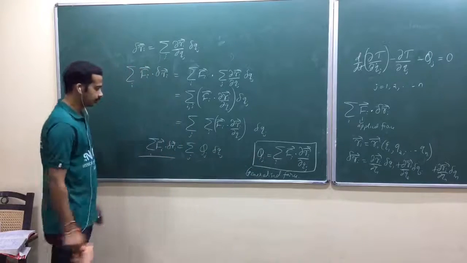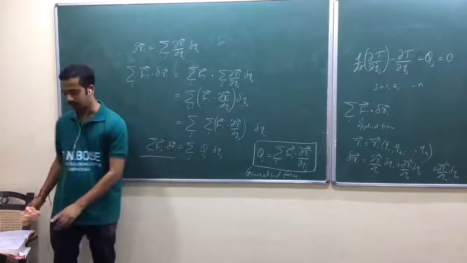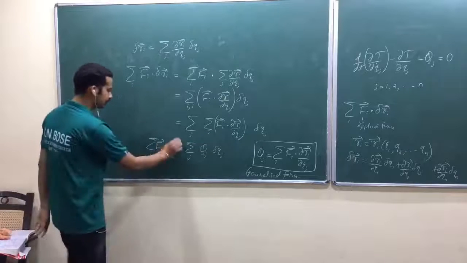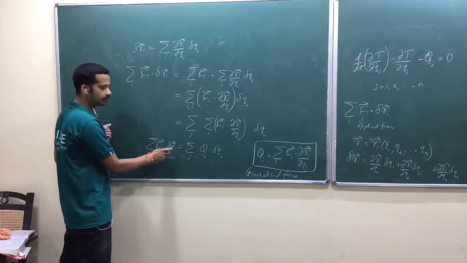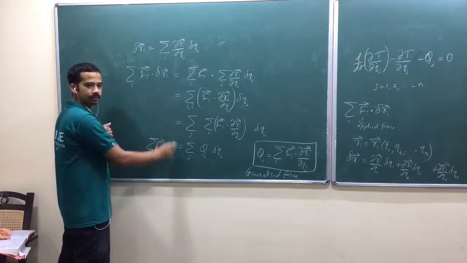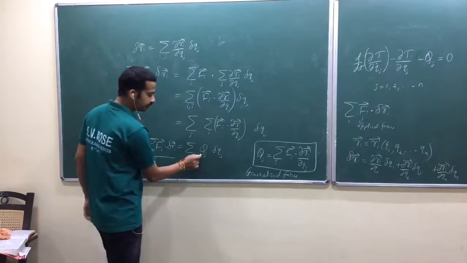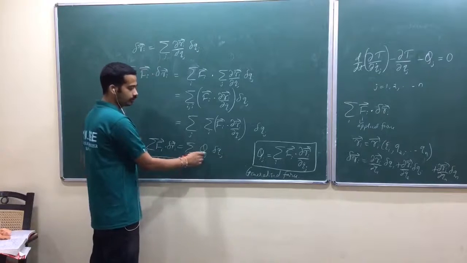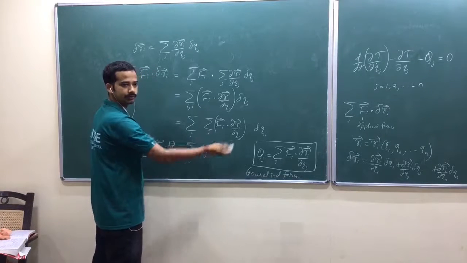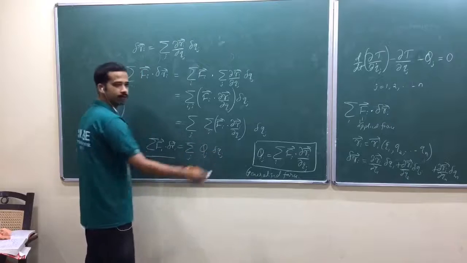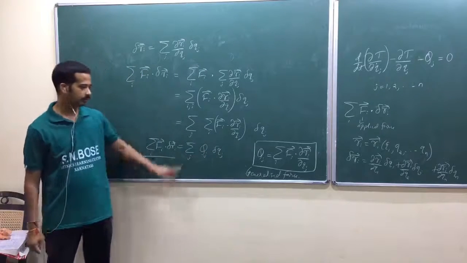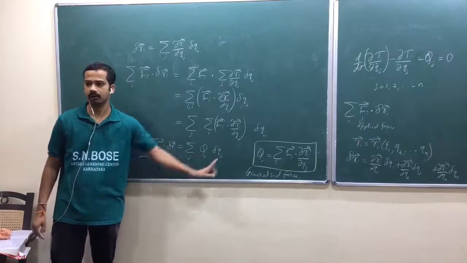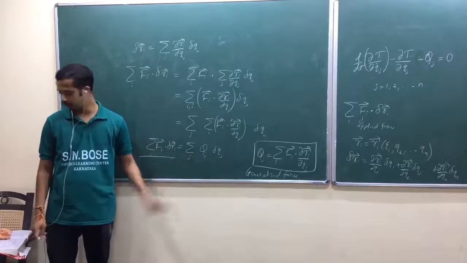Now write one sentence here. Usually this is force, this is displacement, am I right? And the total is work done. Here this one need not be in terms of force, this one need not be in terms of position, but the product should be of the order of work. Generalized force into the corresponding generalized coordinate, the product should be of the order of work.